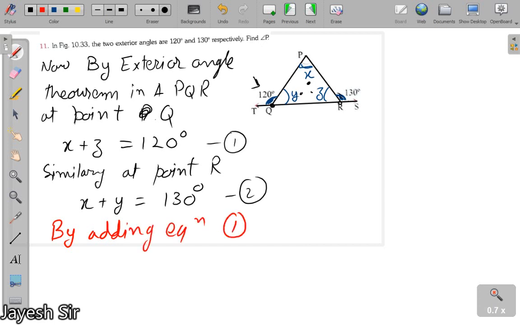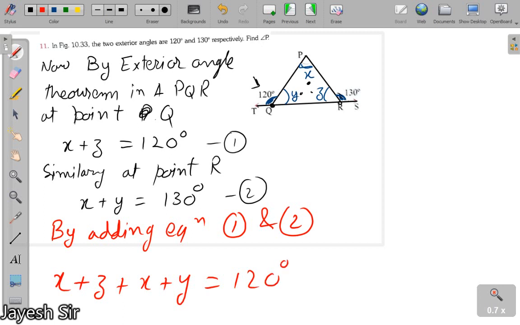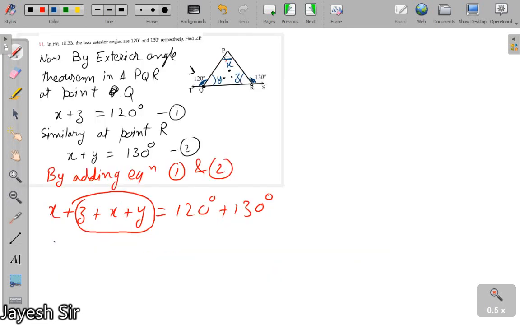By adding equation number 1 and equation number 2, you have x plus z plus x plus y is equal to 120 degree plus 130 degree. Now see, angle x plus y plus z are all three interior angles of the triangle. So since x plus y plus z is equal to 180 degree, why so?